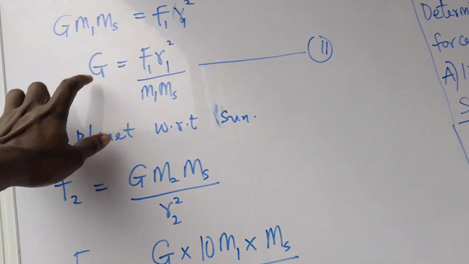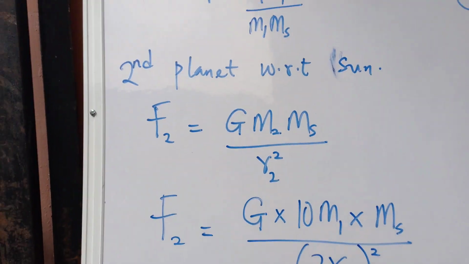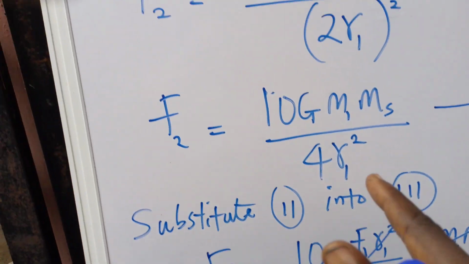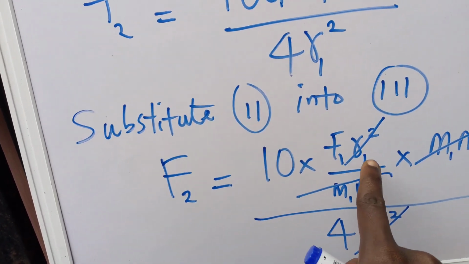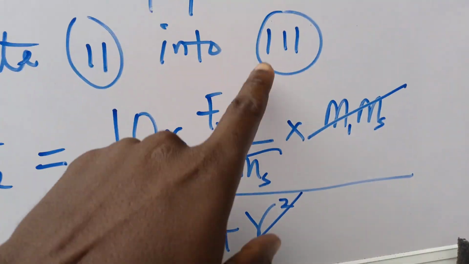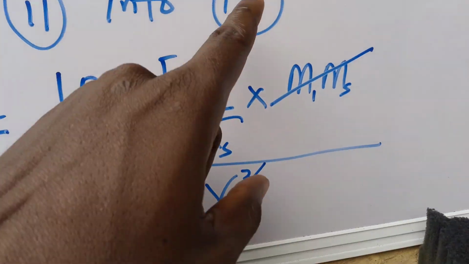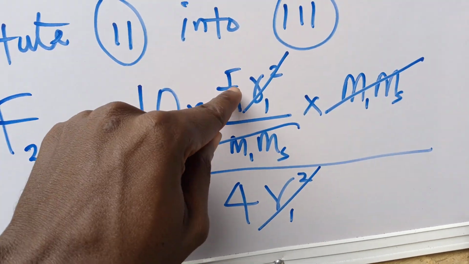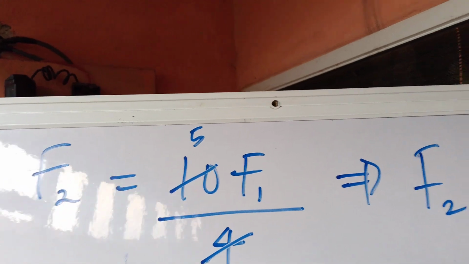Anywhere I see G, I'll write f1 r1 squared over m1 ms. So in place of G, I write this, and the equation changes to 10 times f1 r1 squared over m1 ms, all over 4 r1 squared. We cancel r1 squared and we cancel m1 ms. I'm left with 10 f1 all over 4.